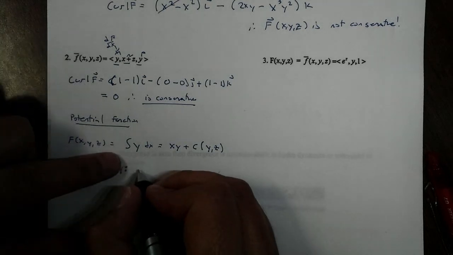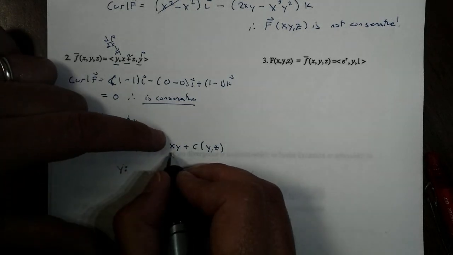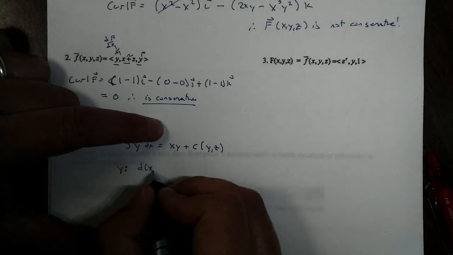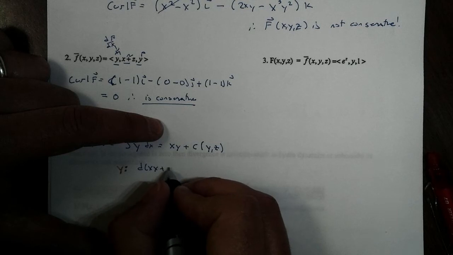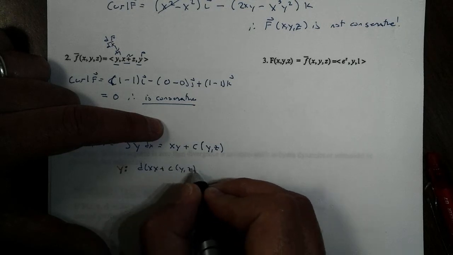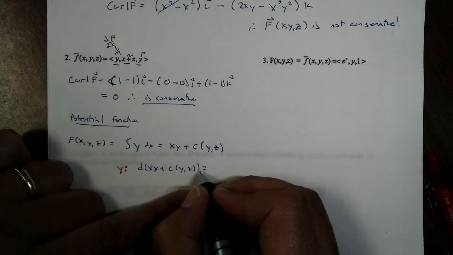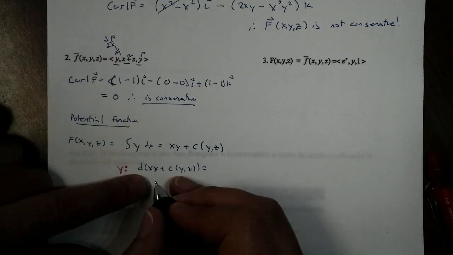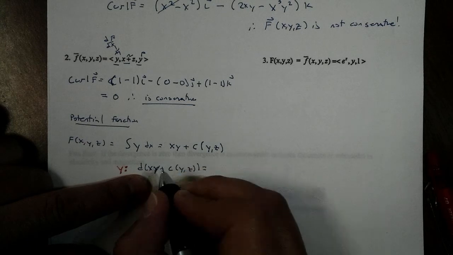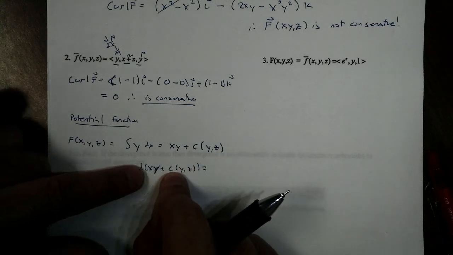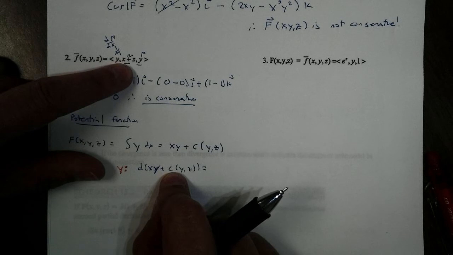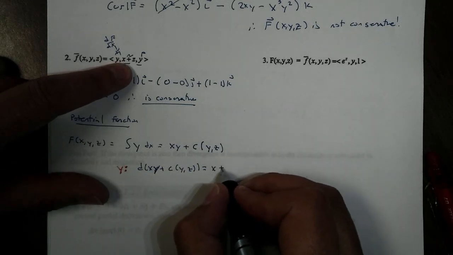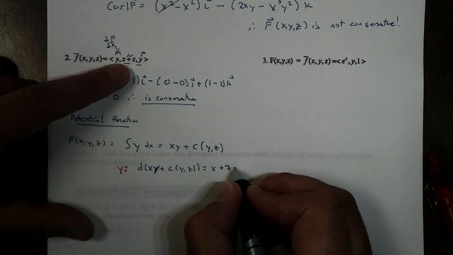If I take the derivative of my function with respect to y, so the derivative of xy plus c of y, z, remember this is going to equal the y component of my vector field because they have to be the same. The derivative of my function has to be the same as my vector field if this is conservative. So this is going to equal x plus z right there.